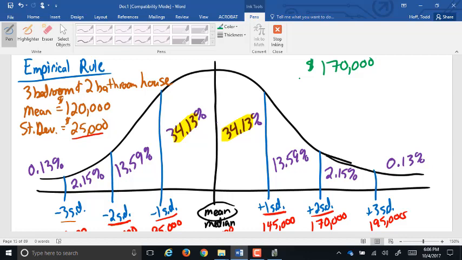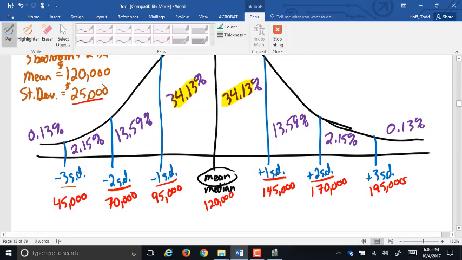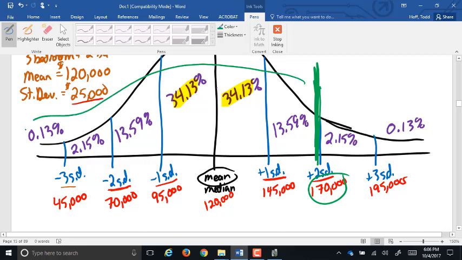Well, what this curve tells you, $170,000 is right here. That's this divider right here. If we add up all of the percents down here, that is going to add up to 97.72%, I believe.